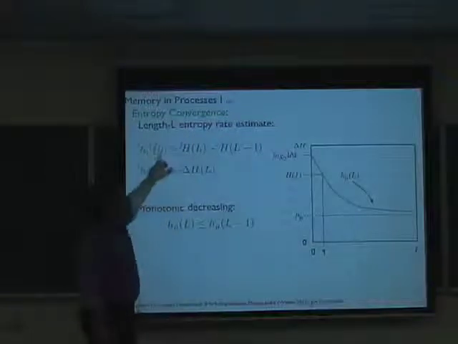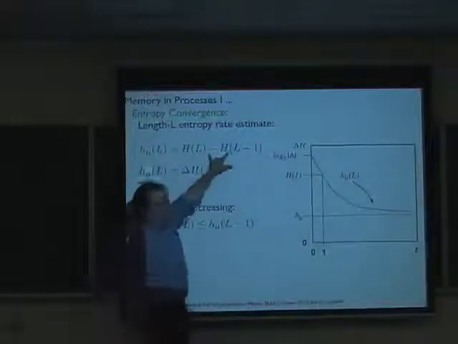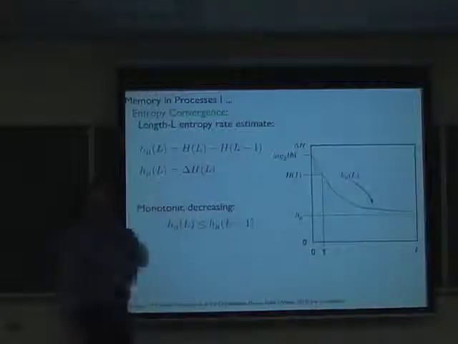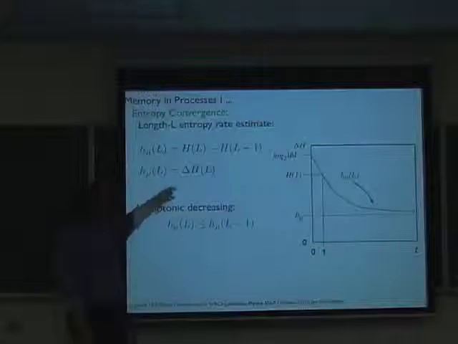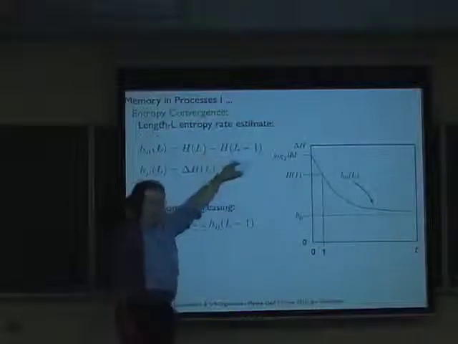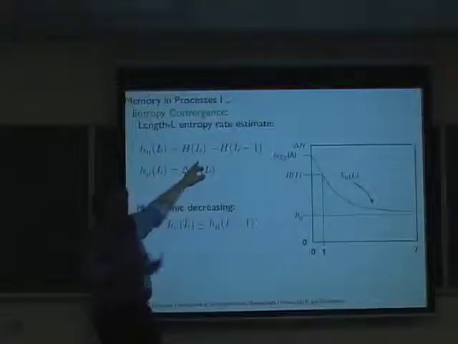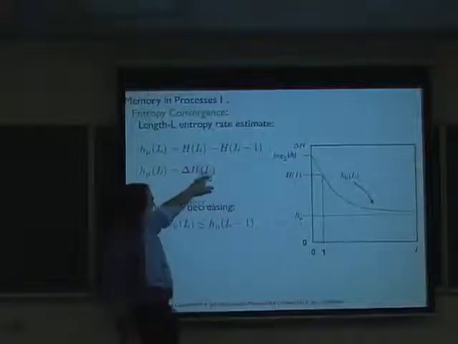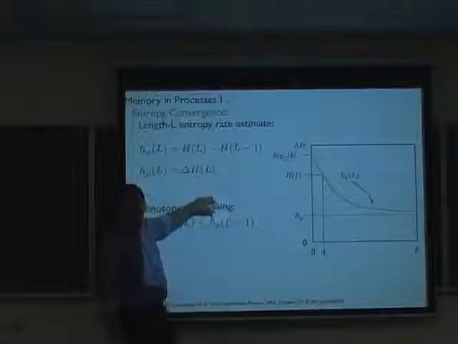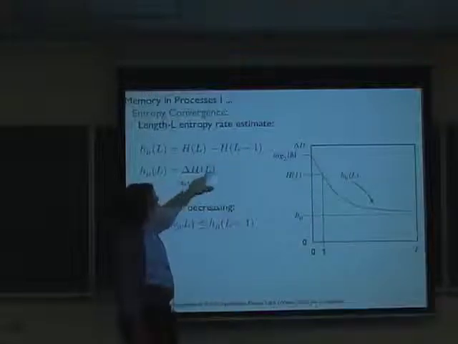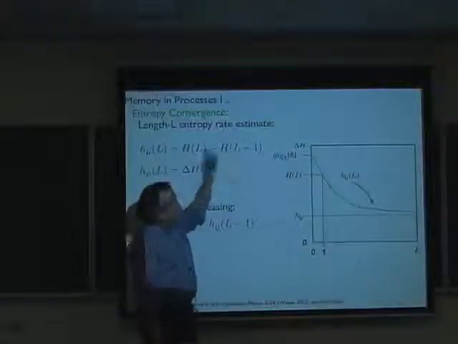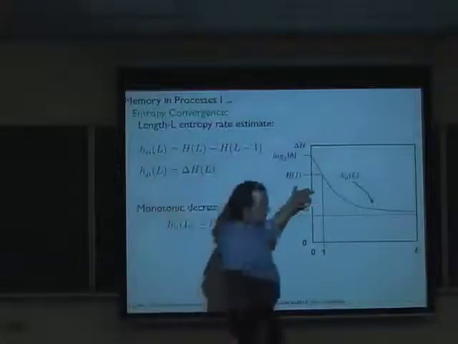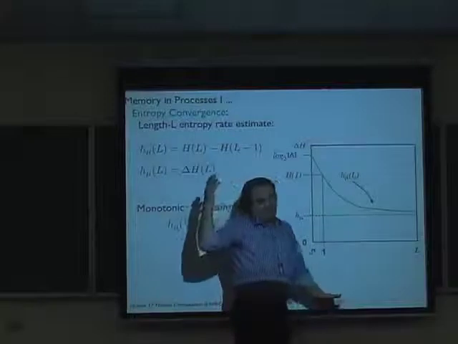It's really to look at this length L 2-point slope approximation of the curve, and just plot that as a function of L. From here on forward, I'm going to introduce an operator that's like a discrete symbol derivative, delta. It's merely d big L. So when I apply that to h of L, what I mean is this 2-point slope approximation. So graphically, we're just plotting the slopes now. We had those from the block entropy curves.